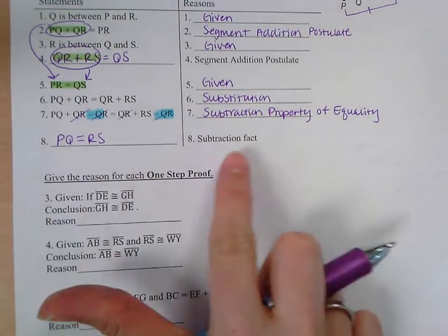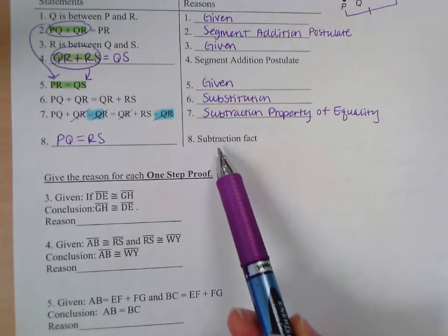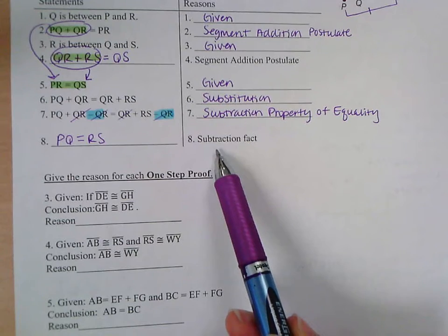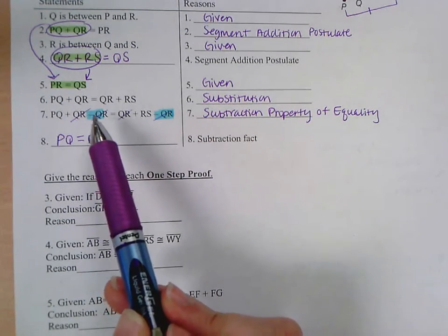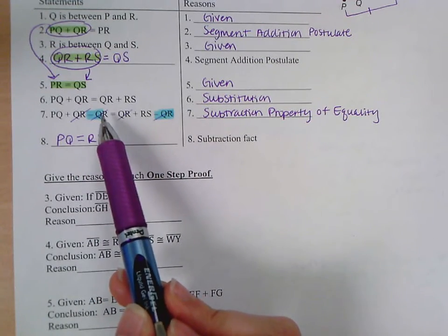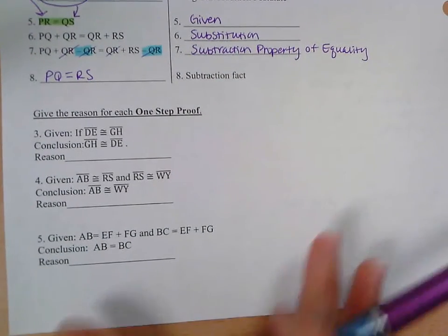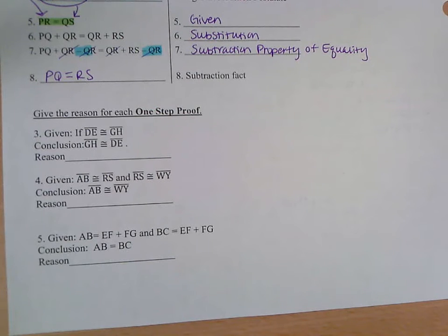And then the reason's already there, subtraction fact. The reason it's not the identity of addition is because it's being subtracted. So it's just a fact that if I take QR and subtract QR, it's going to cancel out. But that reason's already filled in. Okay, questions on that?